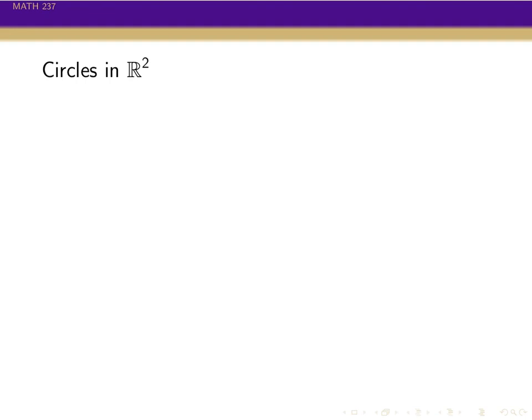Okay, so now that we know how to do distance, we can talk about circles and their analogs in other dimensions. And so for a circle in R2, hopefully this is review. The idea is that you start with a point. Let's call that point (a, b). And then you pick a radius.